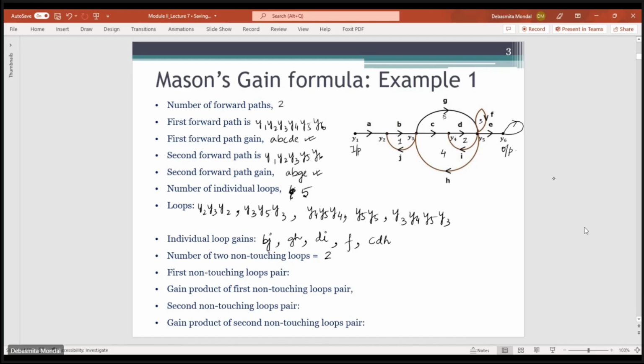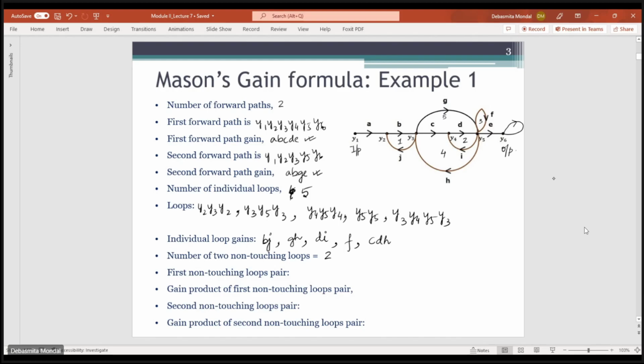If there was another loop over here, loop number 1, loop number 2, and this loop would comprise 3 loops which are not touching each other. Similarly, loops 1, 3, and this loop are also not touching each other.